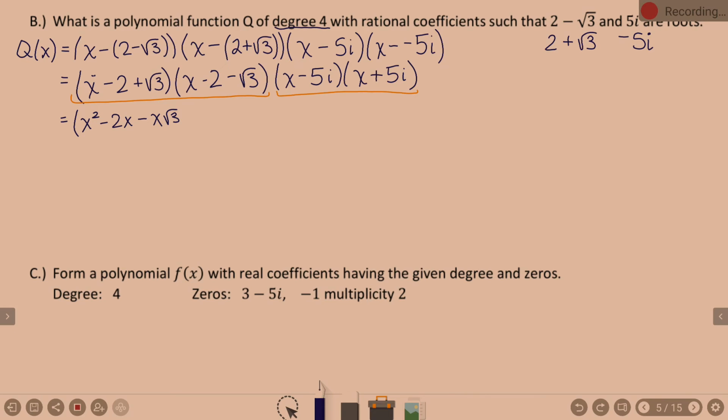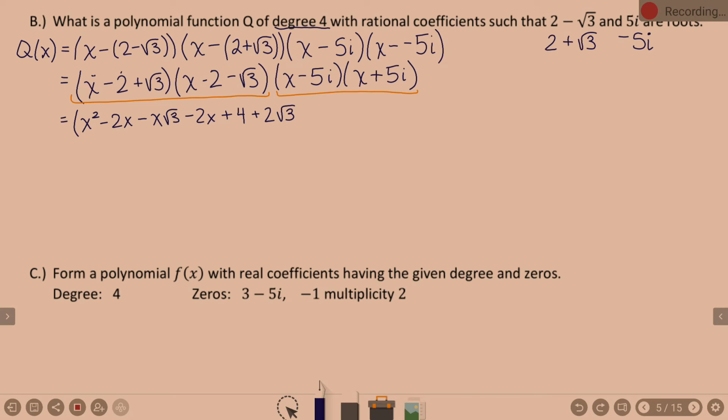Now I'm going to distribute the negative 2. Negative 2 times x, negative 2x. Negative 2 times negative 2, plus 4. Negative 2 times negative square root of 3. Negative times negative makes it positive, and then you can just write it as 2 square root of 3.